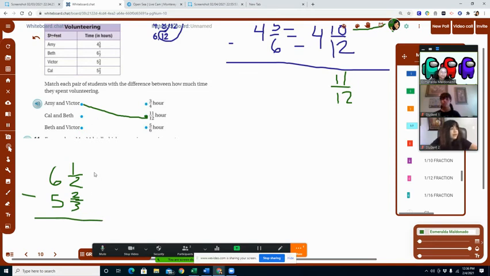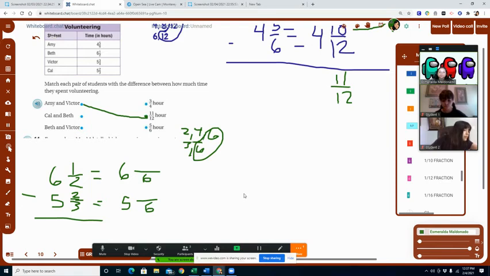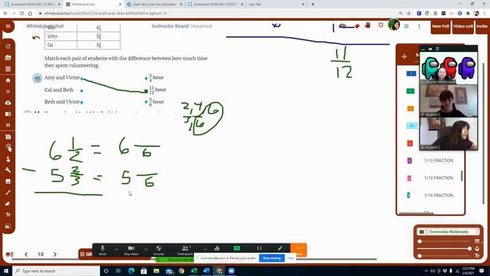What would be the common denominator for this one? I can do it mentally, right? 2 times 3, 6. Or you can just write the multiples: 2, 4, 6, and then for 3 it's 3, 6. So the common denominator is 6. Now, 3 times what number equals 6? 3 times 2.